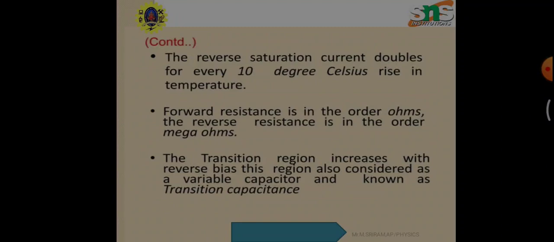The reverse saturation current doubles for every 10 degrees Celsius rise in temperature. Forward resistance is of the order of ohms. The reverse resistance is of the order of mega ohms. The transition region increases with the reverse bias. The region also acts as a variable capacitor, known as the transition capacitance.